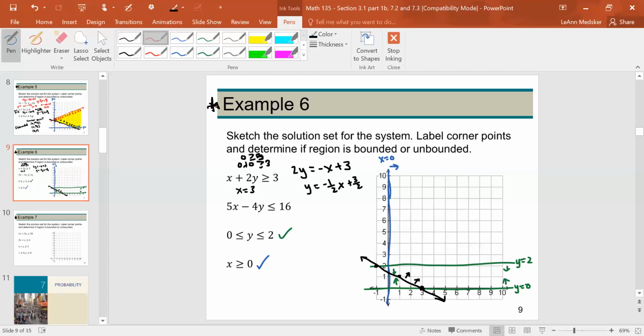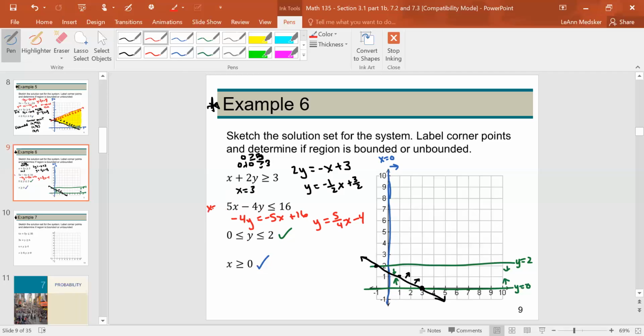And then my last equation, which we will then graph as an inequality, is the negative 4y equals negative 5x plus 16. If we divide by negative 4, that would be 5/4 x minus 4. There's not a good x-intercept here either, but at least we could graph it because negative 4 is not even on our grid.